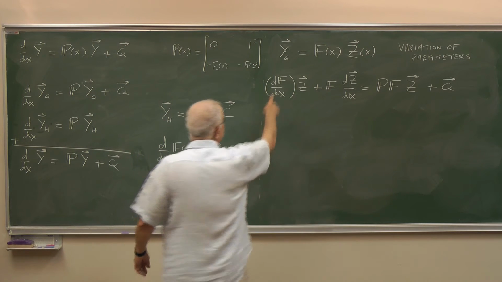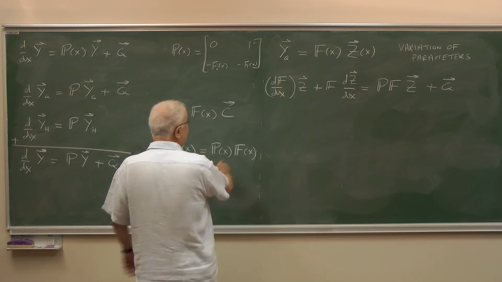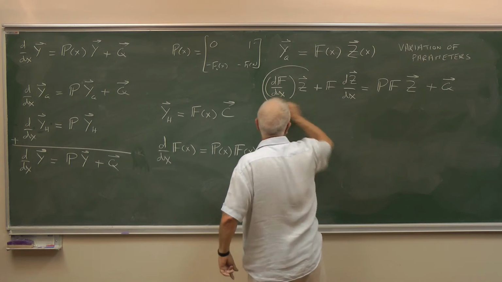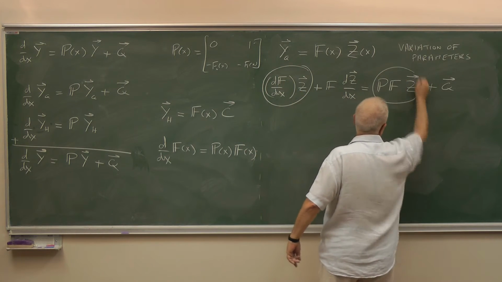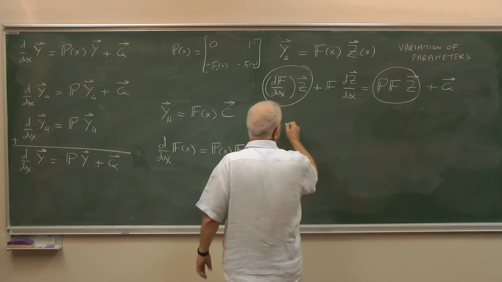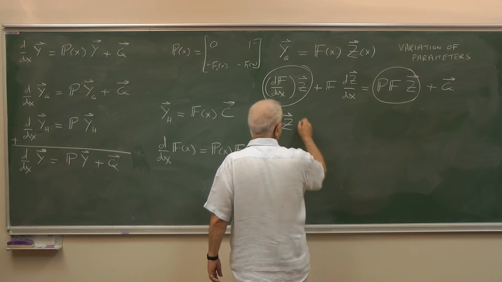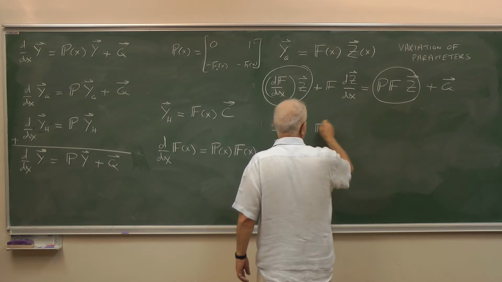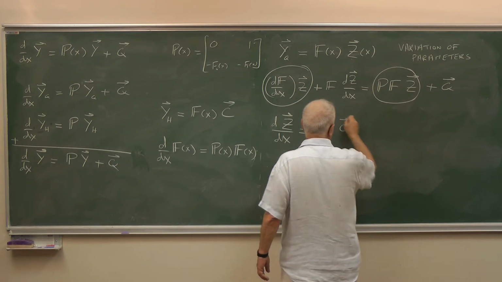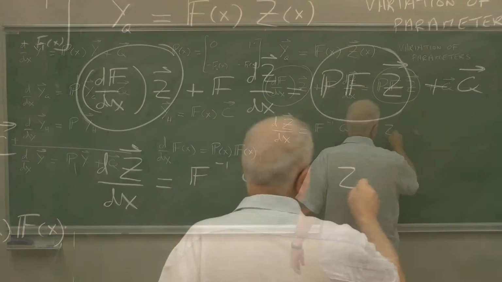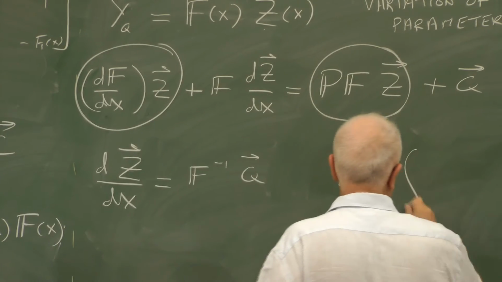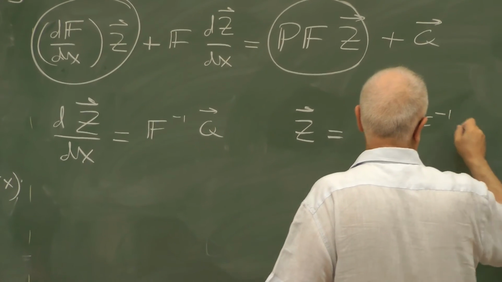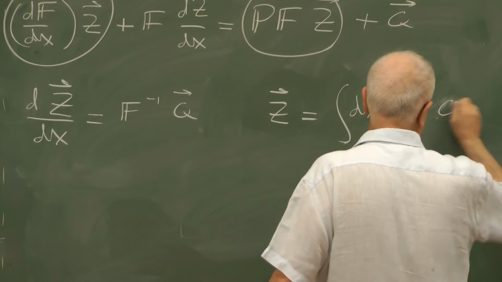Now, since dF/dx equals P times F, this term and that term very nicely cancel each other. And I have dz/dx equals F inverse q, or z equals the integral dx F inverse q.